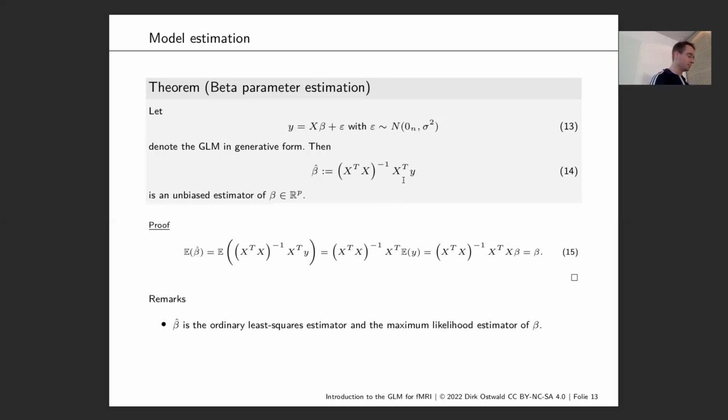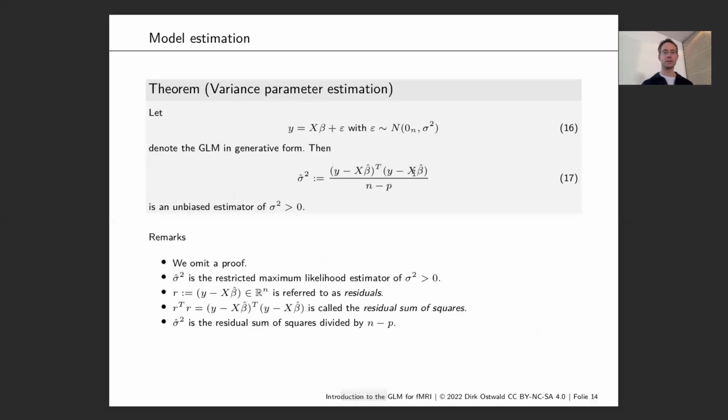But in brief, with the beta parameter estimates, you evaluate the covariation between the columns of the design matrix, which are also called regressors, as I will tell you tomorrow, and the data, and then you normalize. So there is some intuitive understanding.